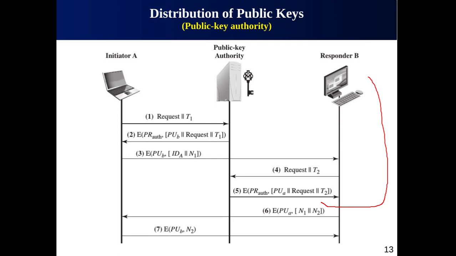Remember the drawback: if you use them for every session, every message, etc., then it is going to increase the load and will lead to delay. So both A and B can save each other's public keys for future use. For example, in future, if A wants to communicate with B, then A will not request again for the public key of B, because A has already stored the public key.